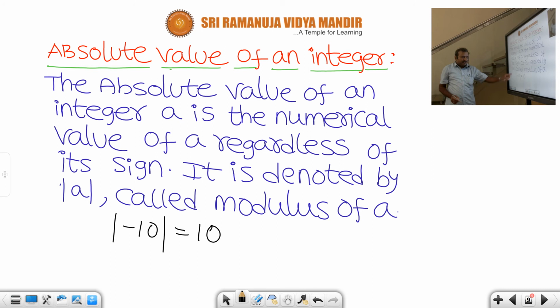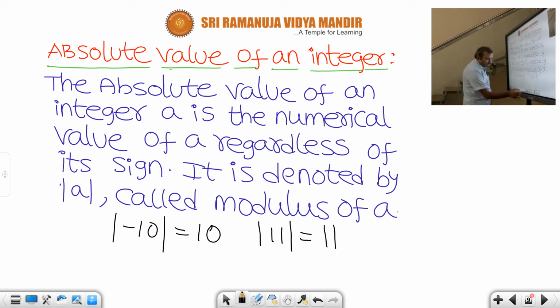Simply you have to eliminate the sign. For example, the absolute value of 11. Here there is no sign, which indicates the positive integer 11, so directly you take 11. This is called absolute value.